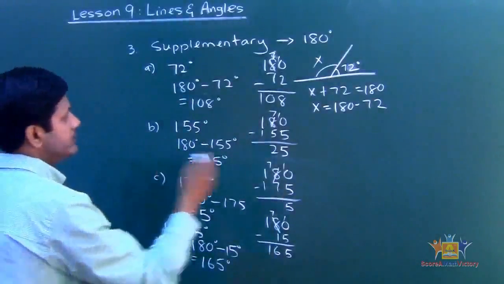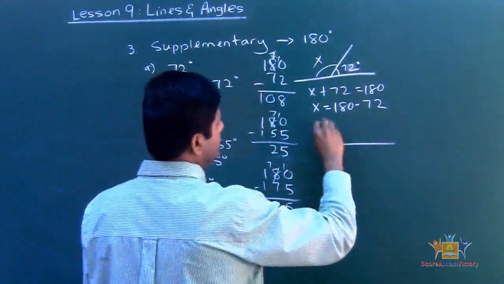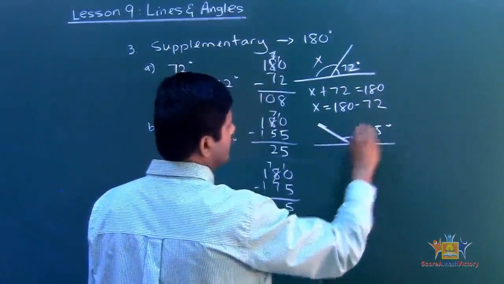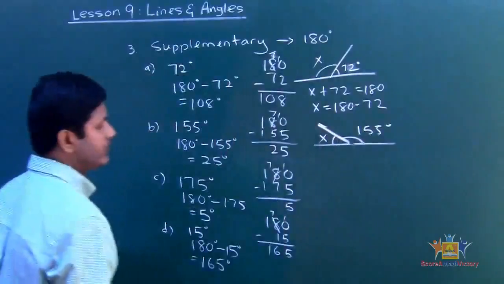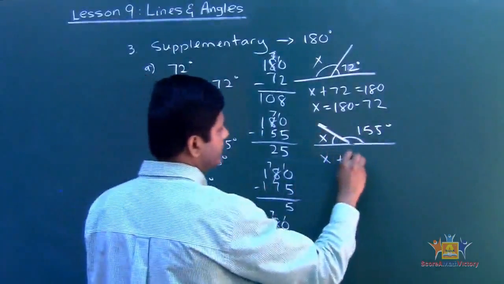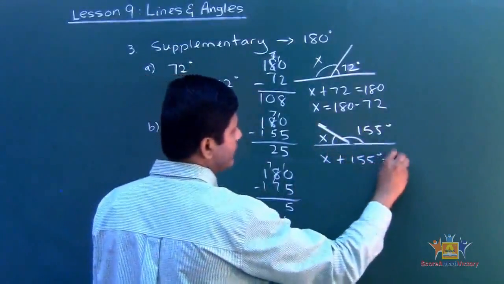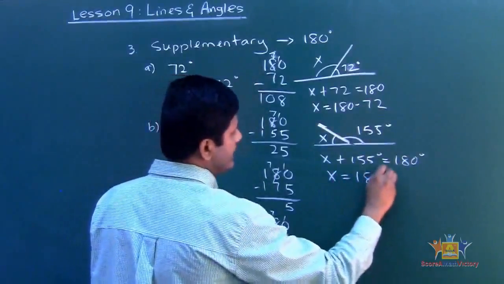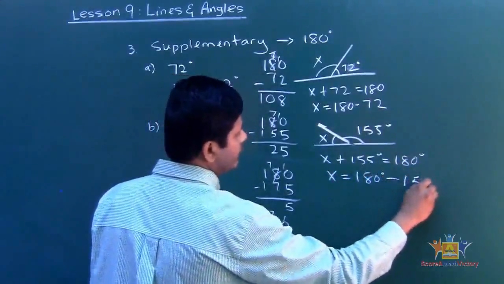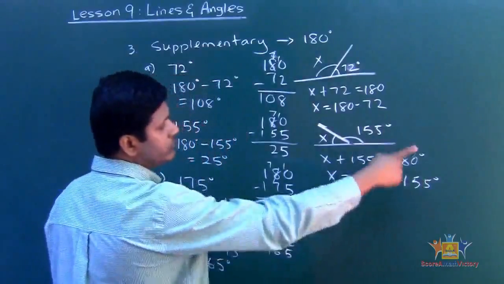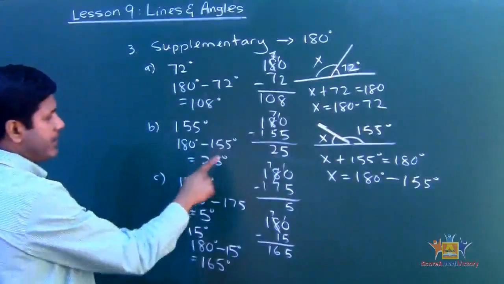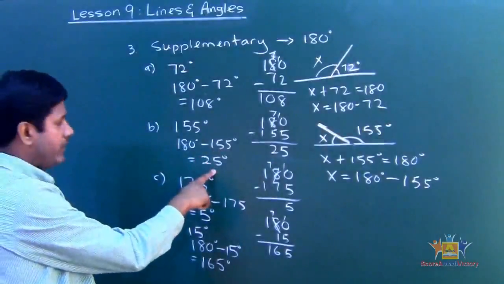With this one, same thing. I told you this is 155, and I want you to find x. You know that x plus 155 degrees is 180. x equals 180 minus 155, because it's plus, cross the bridge becomes minus. And that's how you did it. 180 minus 155 gave you 25.